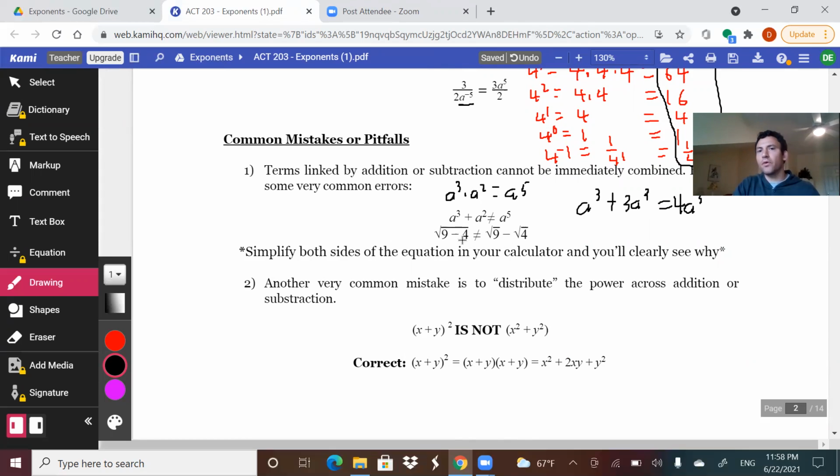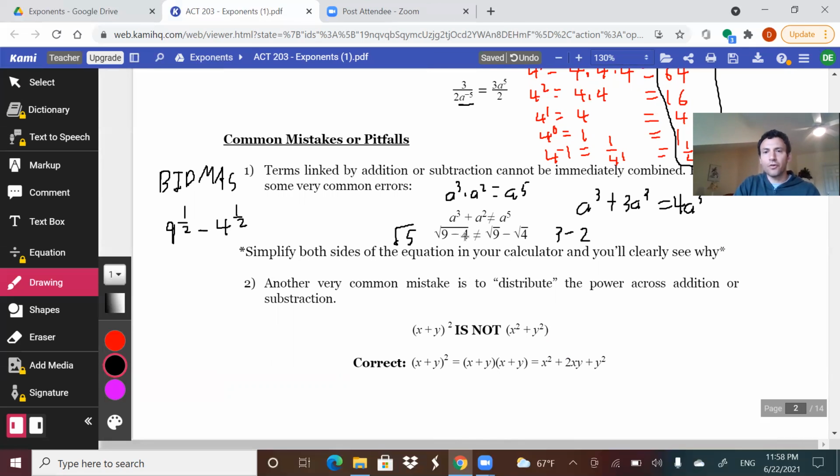If you look right below here, root 5 is not the same as 3 minus 2. Right? Those are two different things. I can show you logically why that doesn't work. If you think about BIDMAS in order of operations, this is effectively 9 to the 1/2 minus 4 to the 1/2.